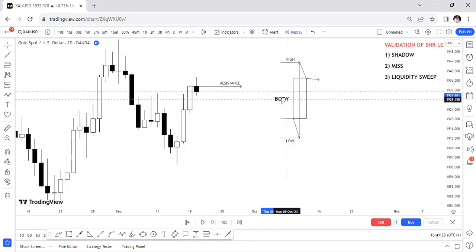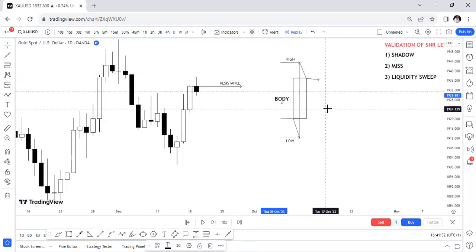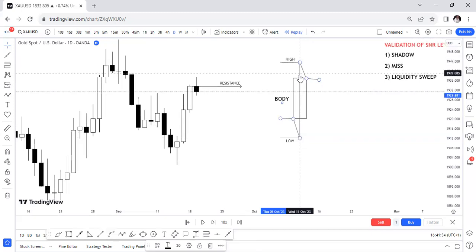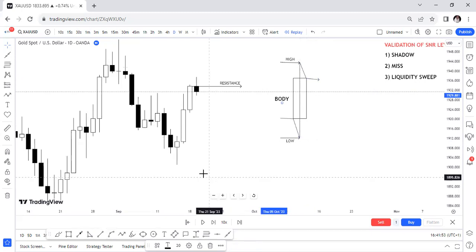This open to this close represents the body. This place to this place represents the upper wick, and from this low to the open represents the lower wick. So the wicks are used as price rejection, up and down. They use it to manipulate prices up and down.